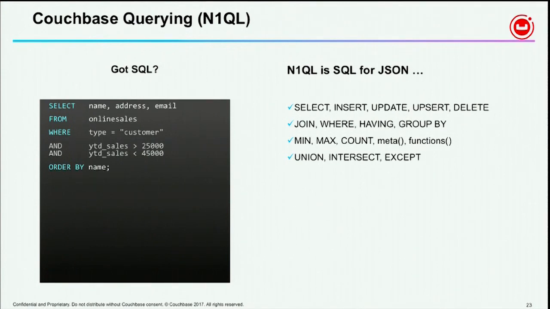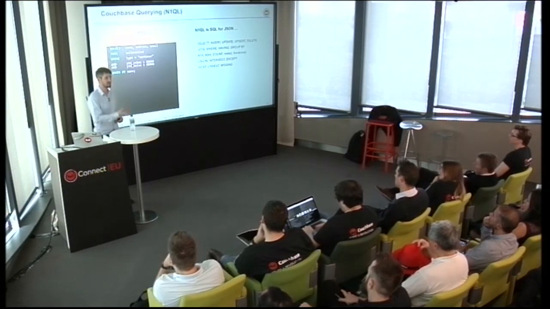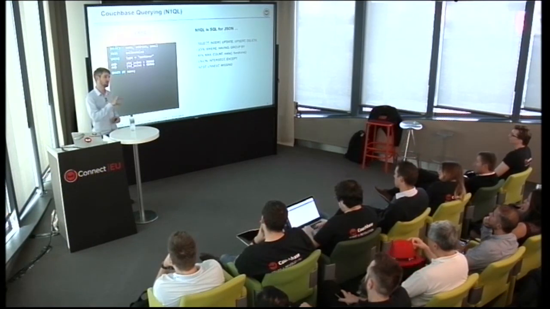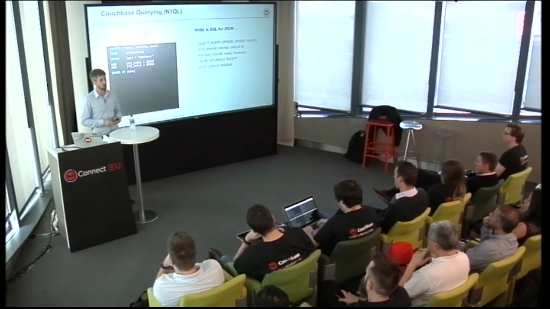There's no way of saying I want to access a field that's 4 layers down in each element of an array. And that's where we extended SQL to become Nickel. And so some of the things that we added, this idea of nest and unnest, which allows you to manipulate hierarchical objects within the query.